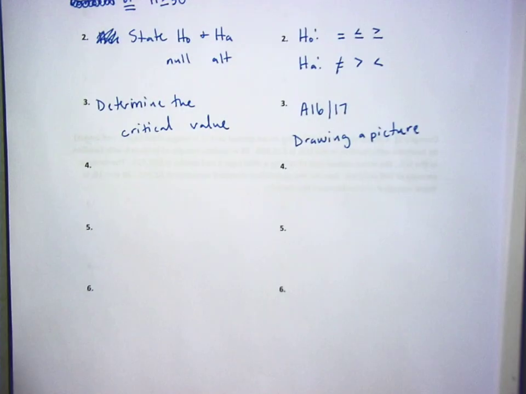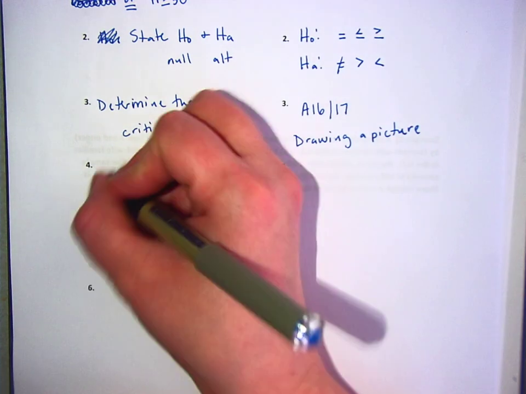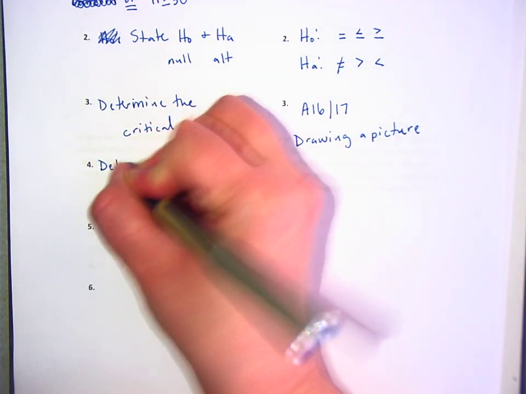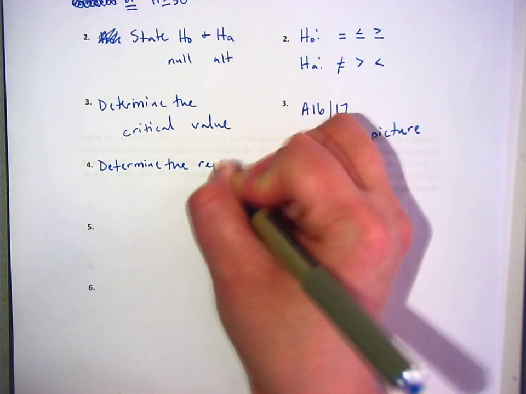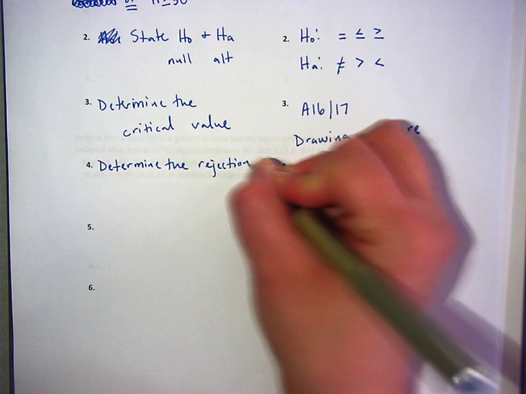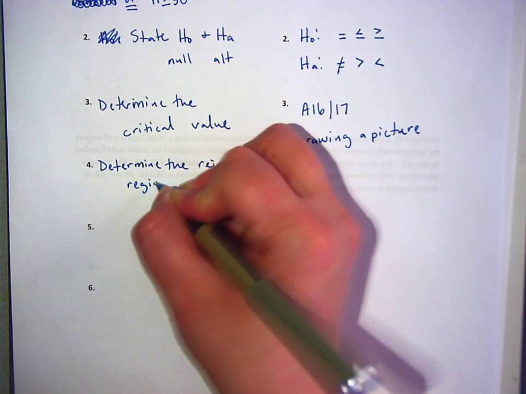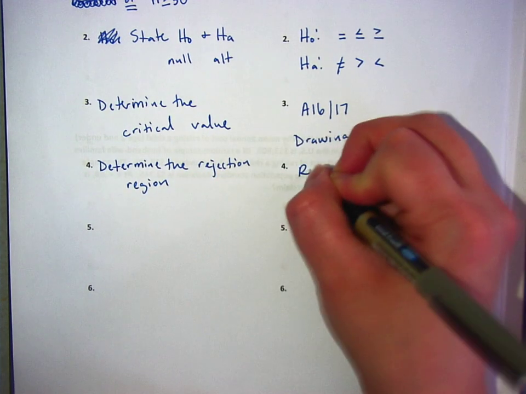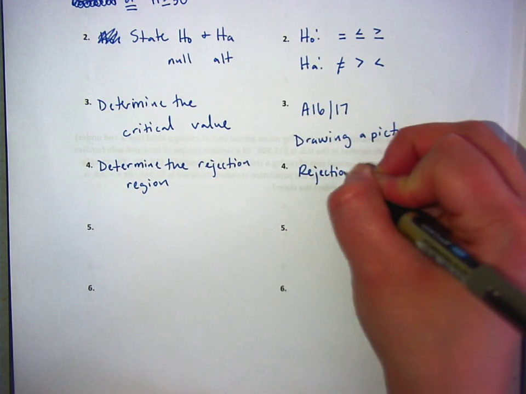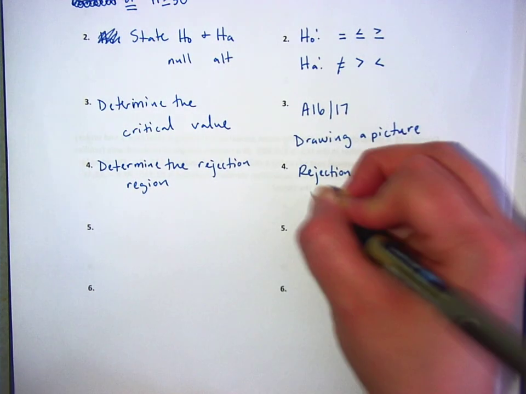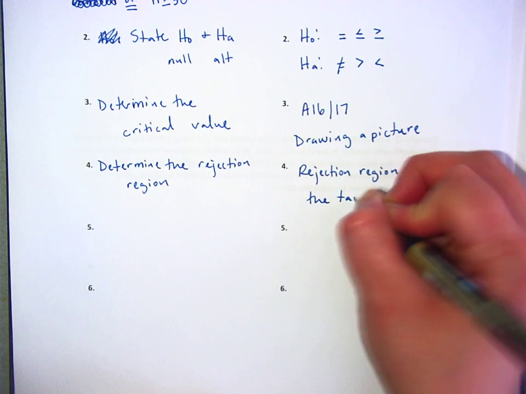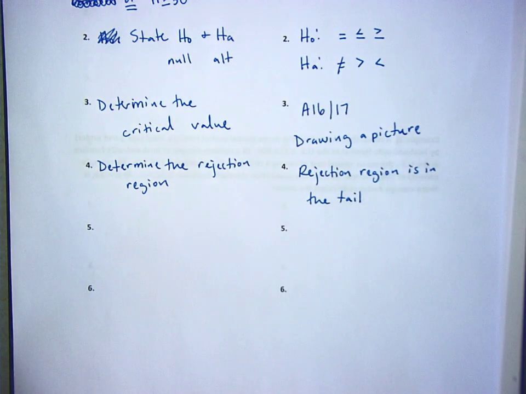Critical value is the edge of the rejection region. So then you determine the rejection region. The rejection region is in the tail. So do you remember how we had two-tailed, left-tailed, right-tailed? The rejection region is in whatever that tail is.